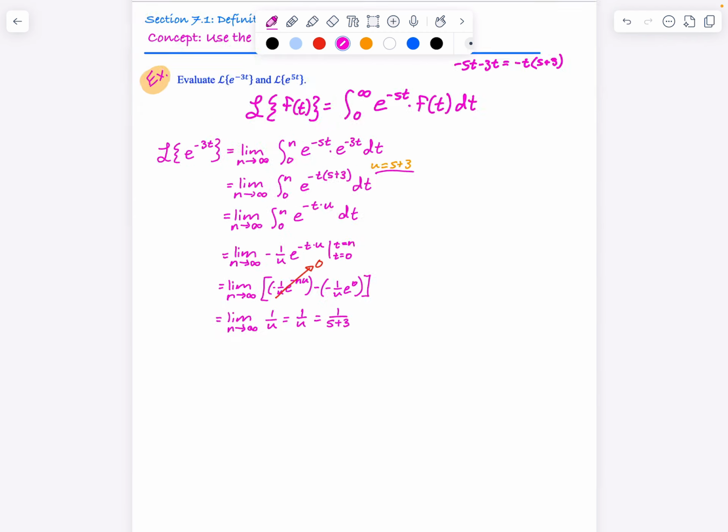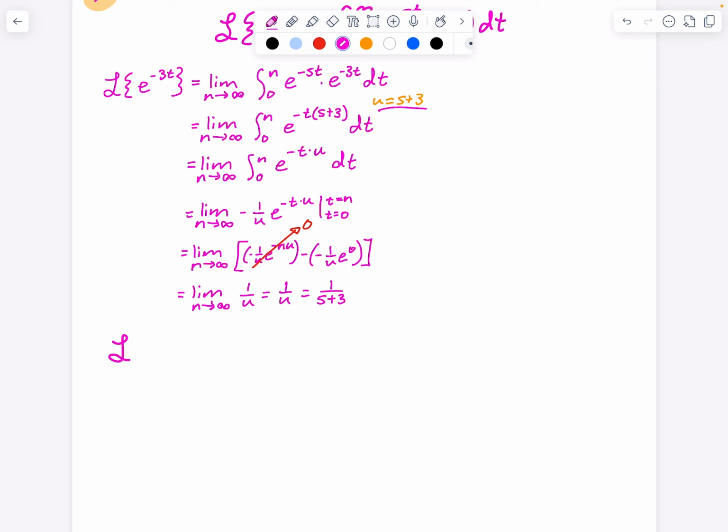All right, so we have now the Laplace of e to the 5t. Right, we get to run through that same process. So I'm going to change it to the limit of 0 to n, e to the negative st times e to the 5t dt.